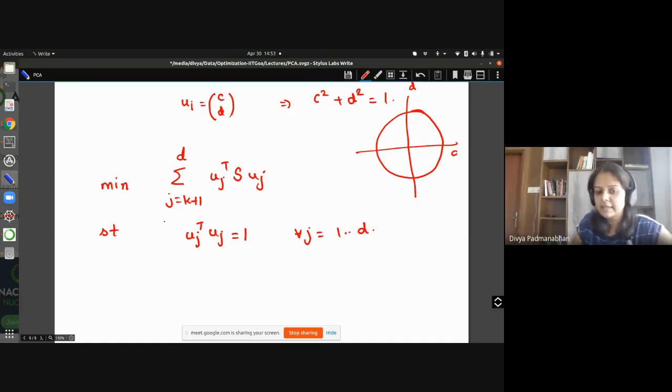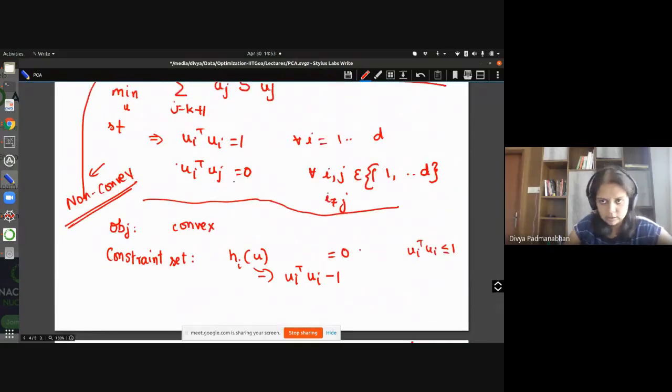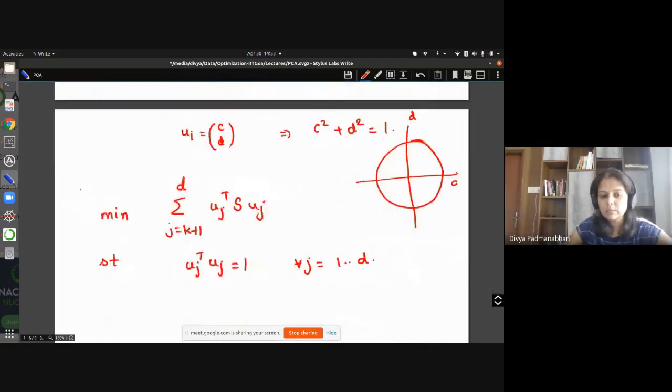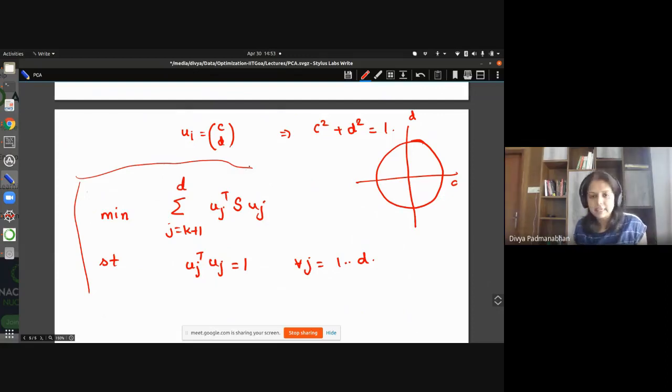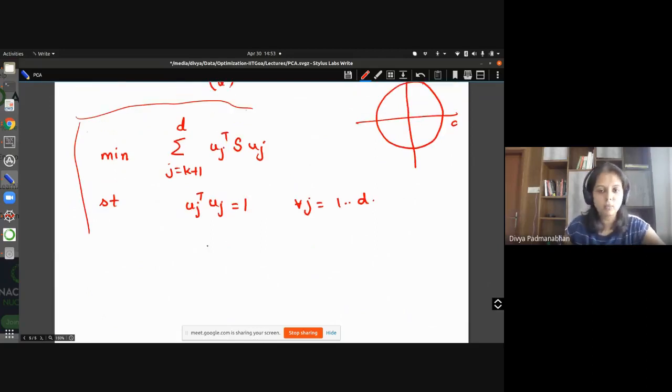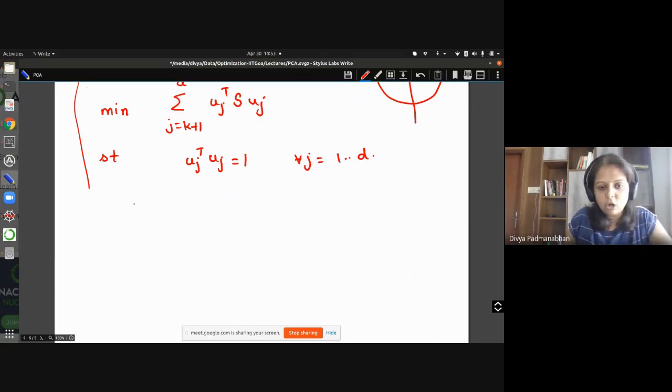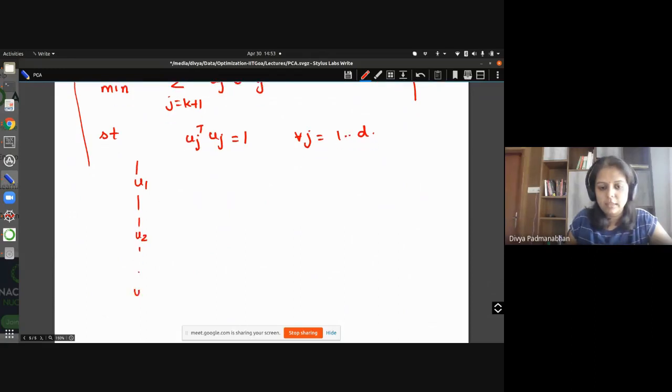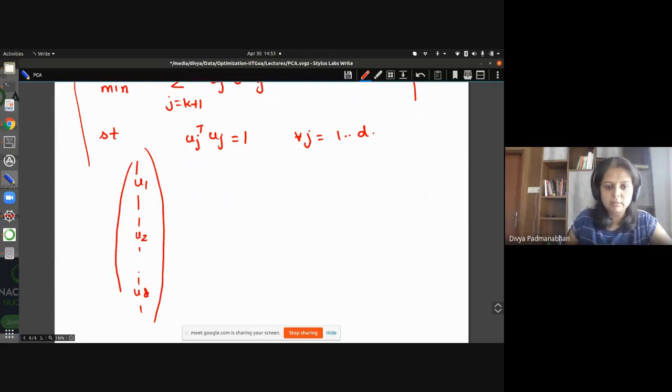So I'm looking at this problem, ignoring the other constraint. Can I apply the necessary and sufficient conditions that we saw? If I look at the variables, a way to represent them is to stack them up: u1, u2, up to ud. I'm going to get a long vector. This is the set of all variables.